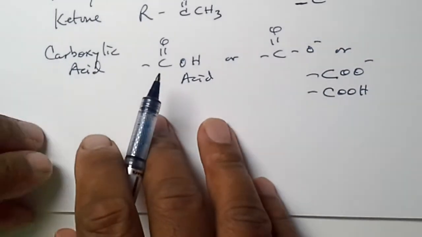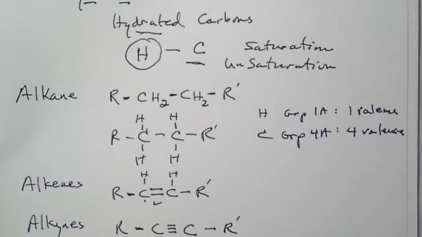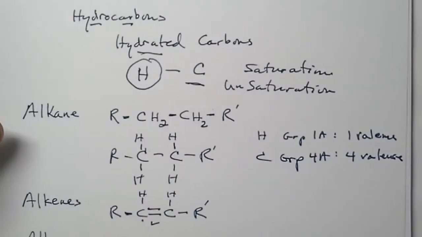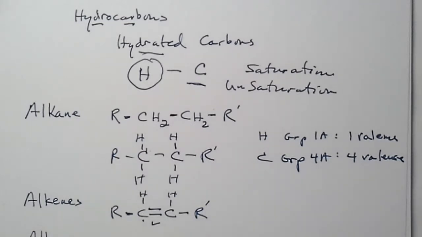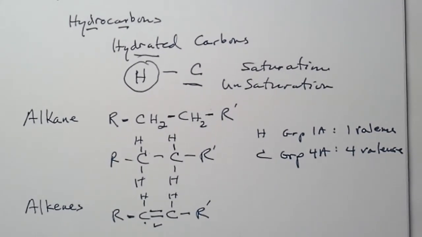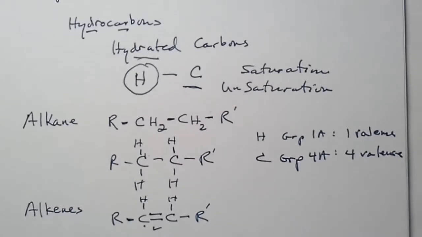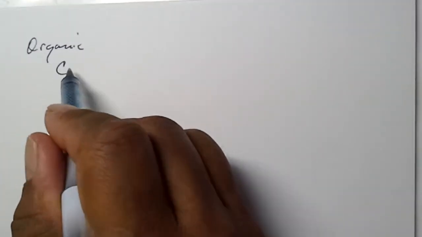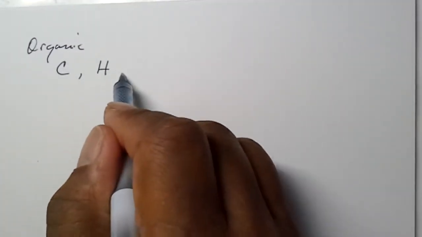So let's look more closely at these alkanes and alkenes. There are certain properties associated with these organic. Actually, they're not really organic molecules, because what's an organic molecule? An organic molecule is one that contains at a minimum carbon, hydrogen, plus oxygen.